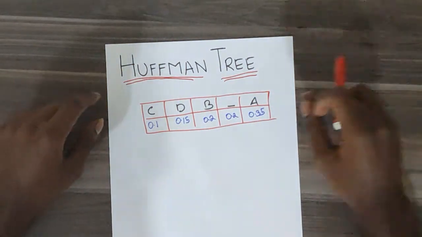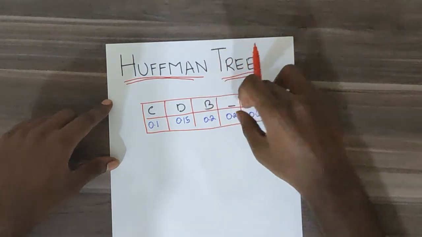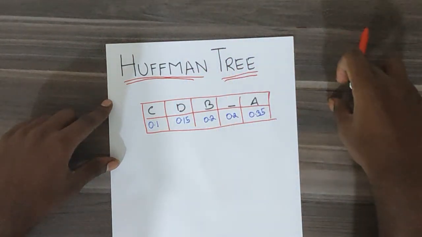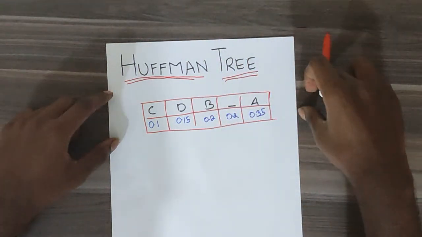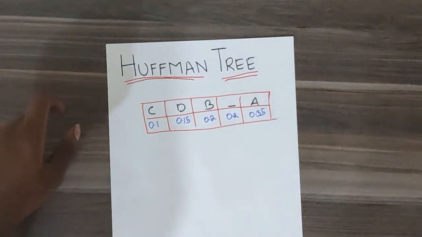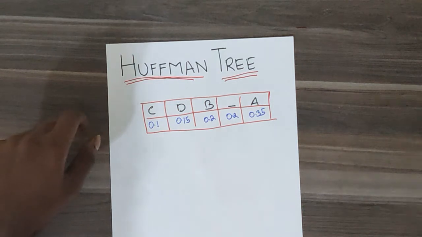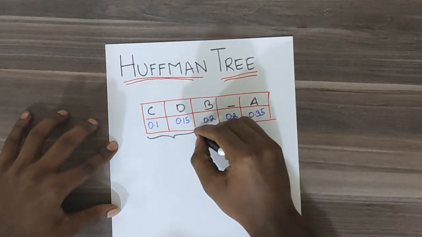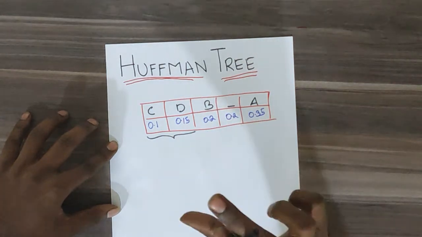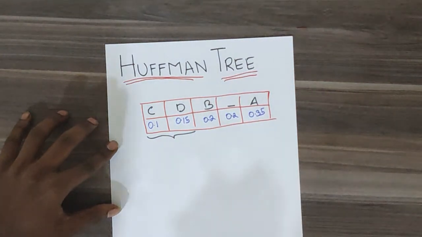Now these frequencies have been arranged in increasing order. Using the Huffman tree we will place all these in a tree-like structure. Step 1 is to combine the minimum two characters into one node, one branch of a tree.